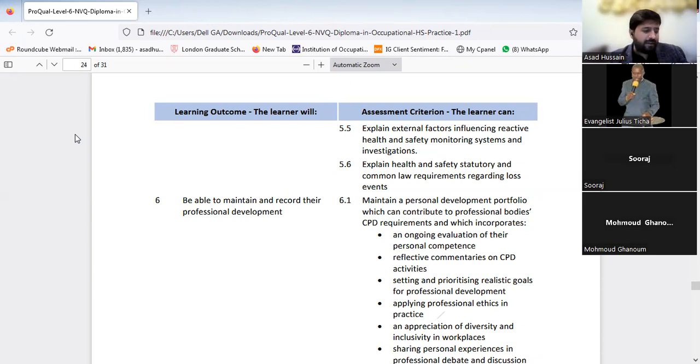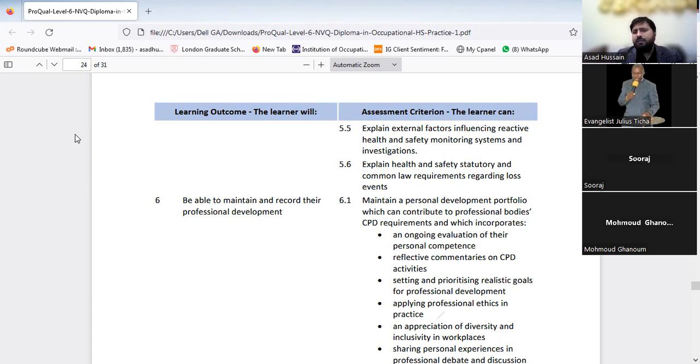Then we have the last assessment criteria for this unit. Practically, CPD we will discuss at the end, as I have discussed before. But now the last assessment criterion of this last learning outcome is 5.6, explain health and safety statutory and common law requirements regarding loss events.